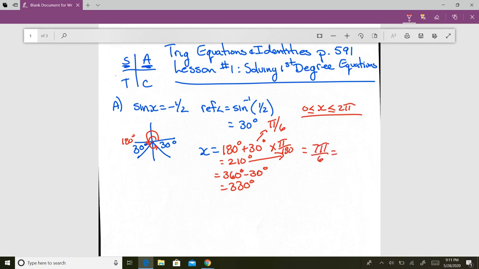If you did it as a decimal and went times pi over 180, you would get, give me 1 sec here, 0.122. That does not seem right.